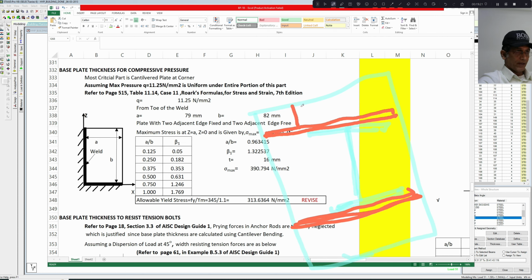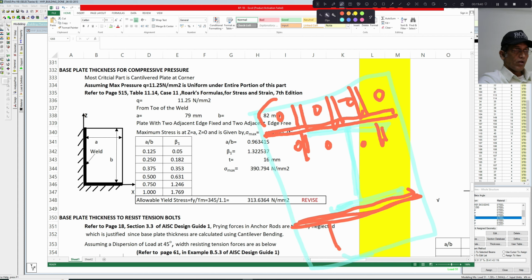Gusset plate is something like this. We have welds here, welds here, welds here, welds here, welds here. Again, this side also we have welds. So this is one of the parts which we are considering.